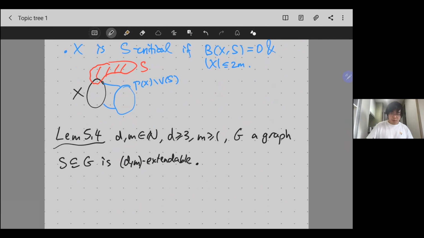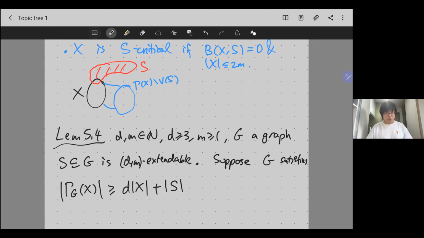Now, suppose, okay, we have this basic thing down. Suppose we have the following expansion property, that the neighborhood of X is at least D times X plus the order of the partial embedding S, the extendable subgraph, plus 1.